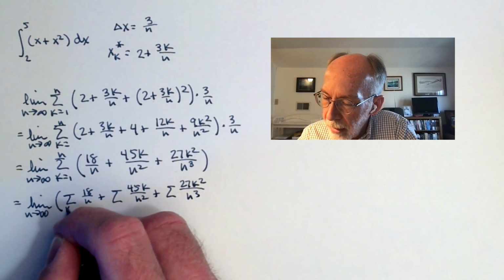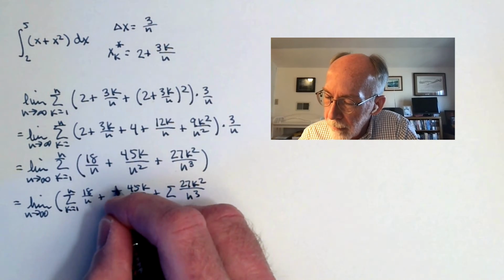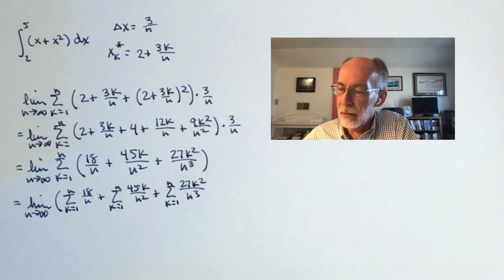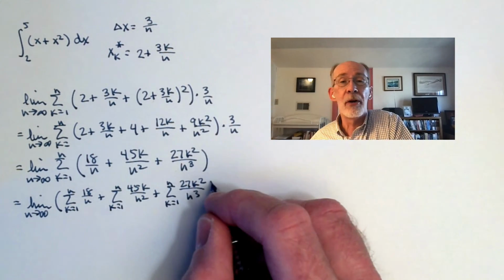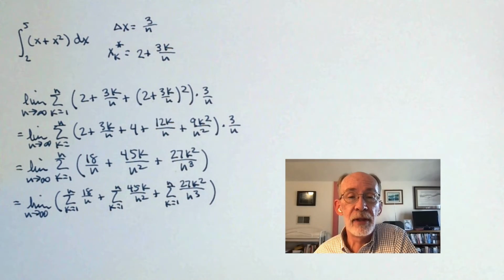And these sums are all as k goes from 1 to n. Now, close the parentheses. Now I can factor out any factor in any one of these sigmas that doesn't depend on k.